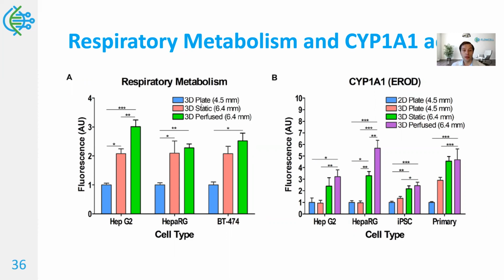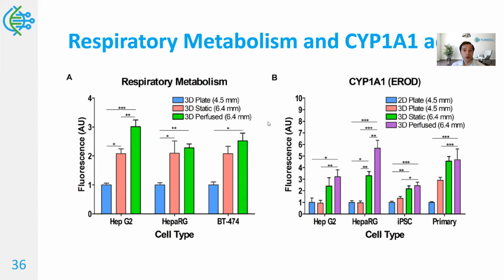Looking at typical 3-dimensional plate or Perfusion Pal in a static or perfused condition, we see that the Perfusion Pal has significantly higher respiratory metabolism across 2 main hepatocyte cell types, HepG2s and HepRGs. In breast cancer carcinoma cells, we see the same.